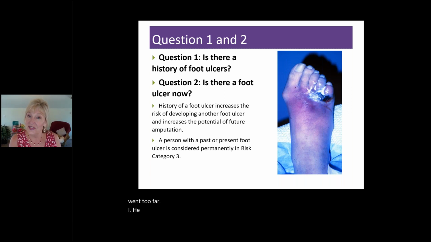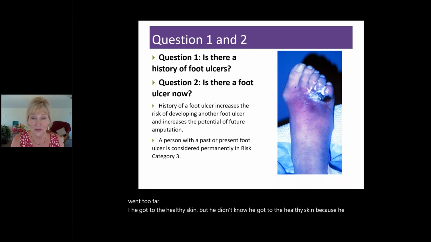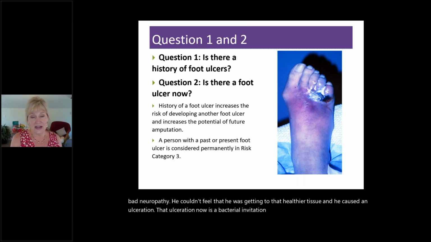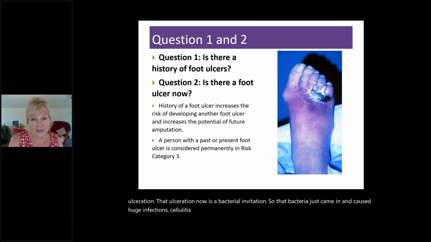He got to the healthy skin, but he didn't know he got to the healthy skin because he had such bad neuropathy. He couldn't feel that he was getting to that healthier tissue, and he caused an ulceration. That ulceration now is a bacterial invitation. So the bacteria just came in, caused a huge infection, cellulitis, and now we're worried that it's going to his bone.